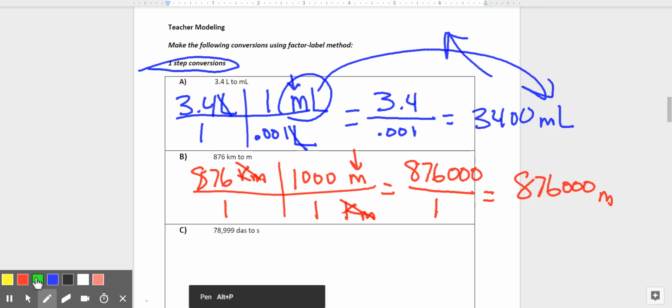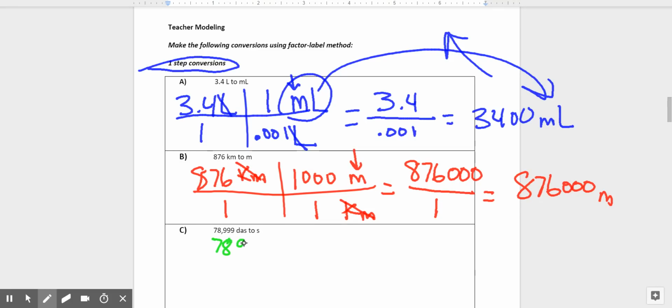Again, write down what you're given. 7,899 decaseconds. Decaseconds on the bottom, that's what you want to get rid of. You're trying to convert to seconds on the top. The prefix deca gets the 1. 1 decasecond is how many seconds? 10.